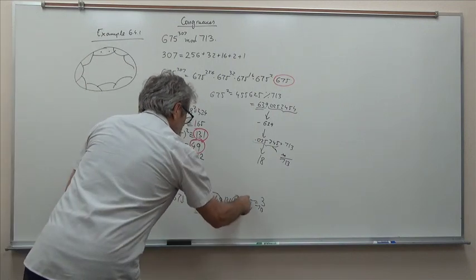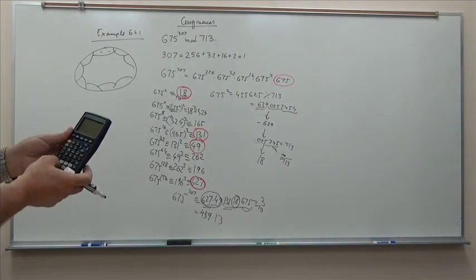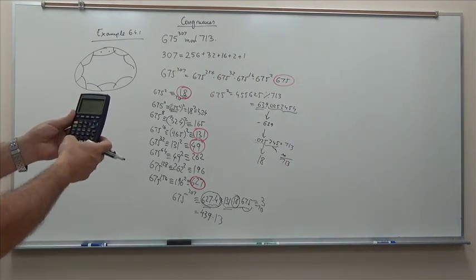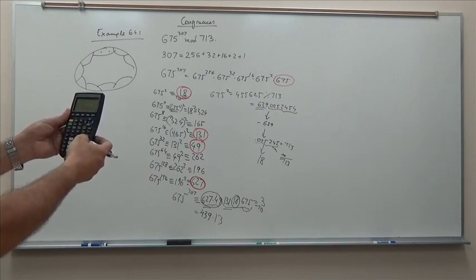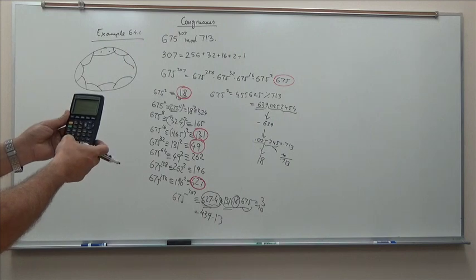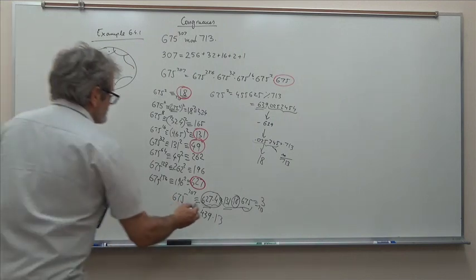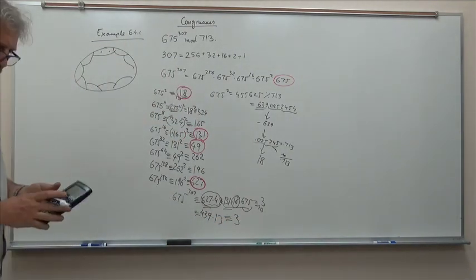I got 13 from these two, and I got 439 from those. Now it's easy. 439 times 13 divided by 713. I subtract 8, multiply by 713, and I got 3. This is not equal, it's congruent.